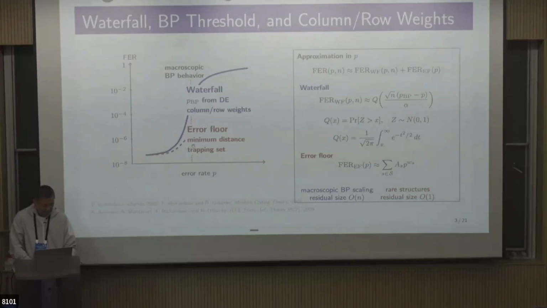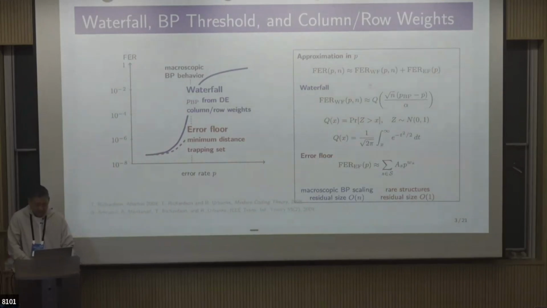The formulas on the right express this separation: the waterfall terms and the error floor terms. The waterfall terms describe the macroscopic BP scales, while the error floor terms come from rare constant-size structures. This is why I separate the two regimes before discussing the quantum construction. They ask for different kinds of design control.